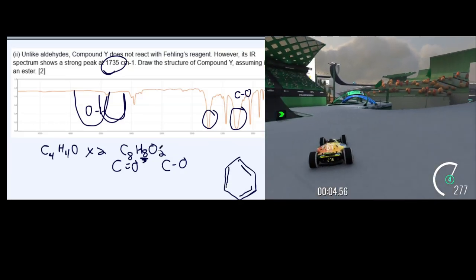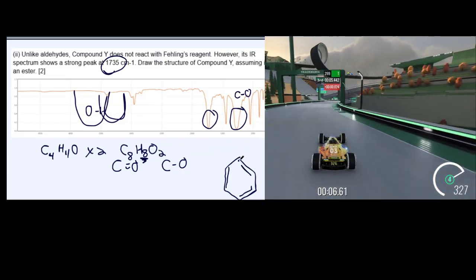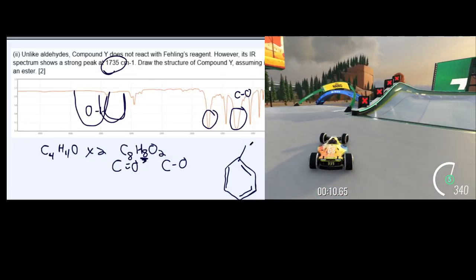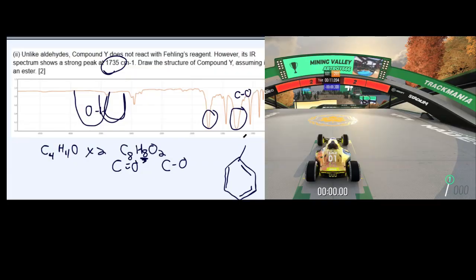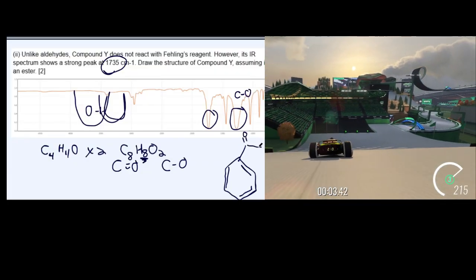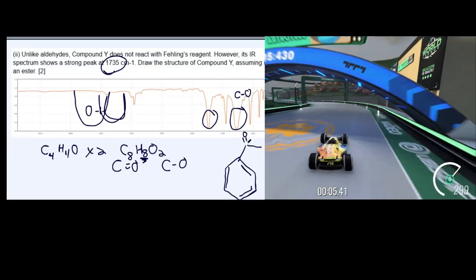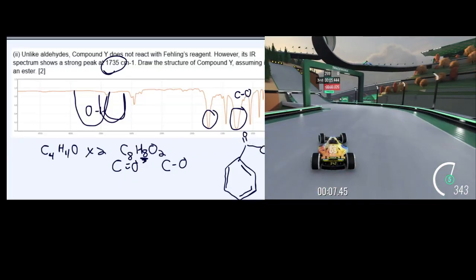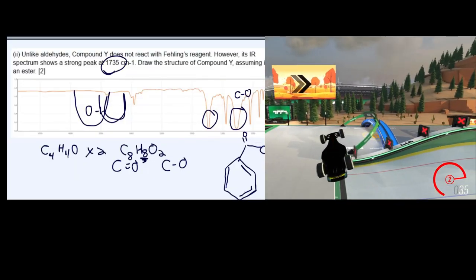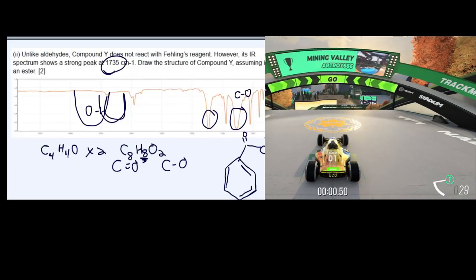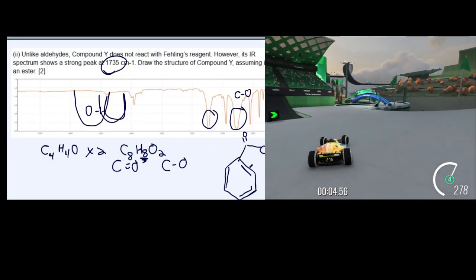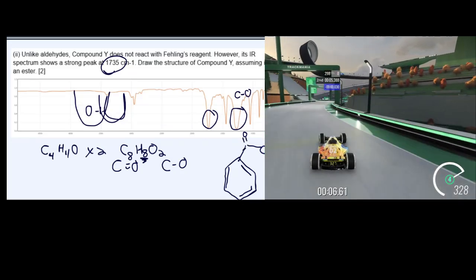I know I have to put 2 oxygens on here, a double-bonded oxygen on one and a single-bonded oxygen on another. And now I have a problem, because this is essentially a carboxylic acid, which we don't have here, and I'm still short one part, because I only have 1, 2, 3, 4, 5, 6, 7.